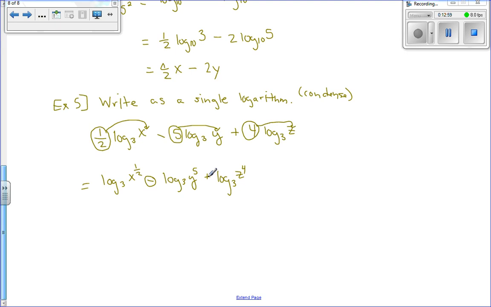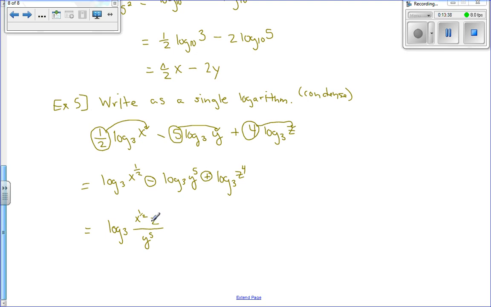Here I have a minus sign. Here I have a plus sign. That means I'm going to have a division and I'm going to have a multiplication. And I need to condense this into one single log. So I do have the log base 3, and I have x to the 1/2 divided by, because that's a minus sign, y to the 5th, and then plus log base 3 of z to the 4th.